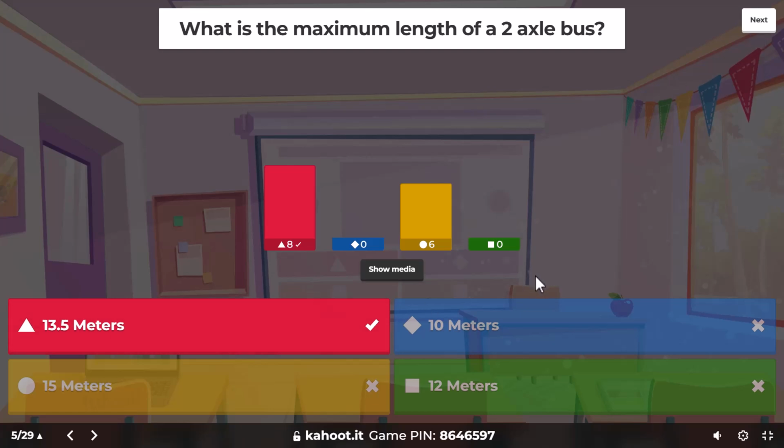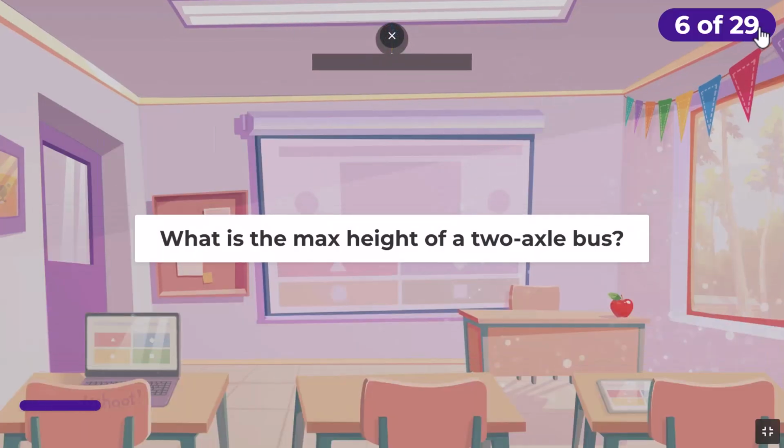If you can't memorize that a 2-axle is 13.5 and a 3-axle is 15, just memorize one of them. So when it comes up, what's the maximum length of a 2-axle? You know it's 13.5. So if the question comes up, what's a 3-axle? Then you know it's not 13.5 because that's a 2-axle. And the other two you can probably eliminate. You'll get the correct answer. Yeah? So if you can't memorize them all, just memorize one, and then you'll have the answer to the other one.